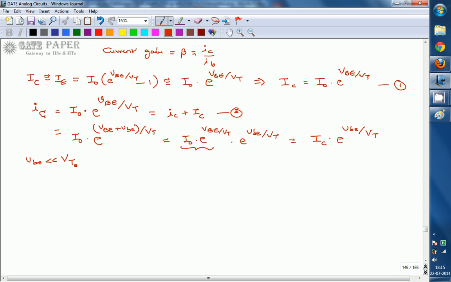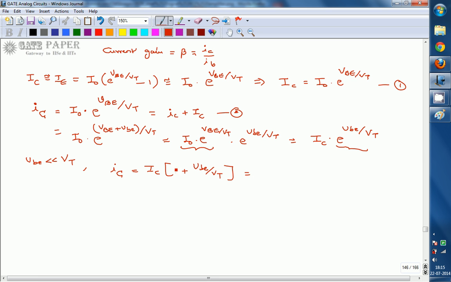For a small change in base to emitter voltage itself, there will be a large change in the collector current. So vbe is very small compared to VT. Because of this we can write the total instantaneous collector current ic equal to IC multiplied by, e power vbe by VT approximated as 1 plus vbe by VT.